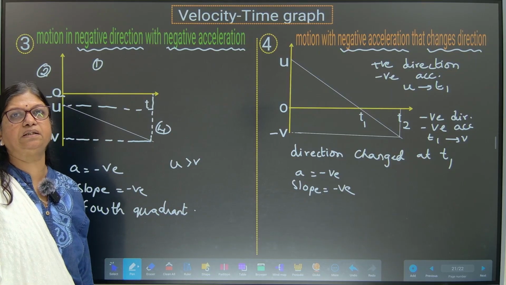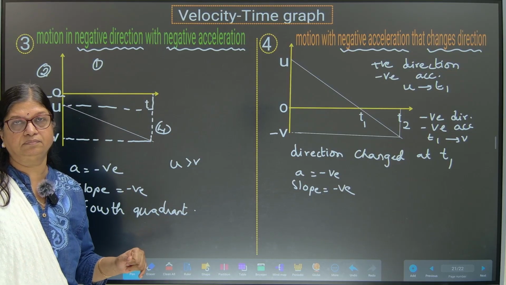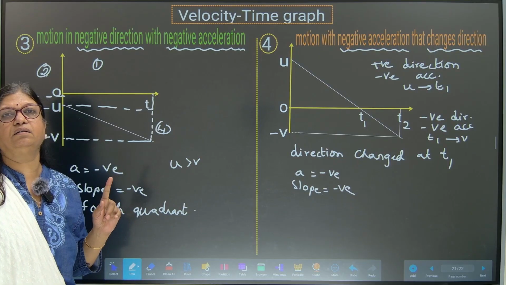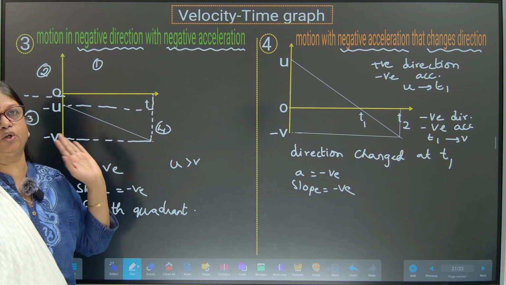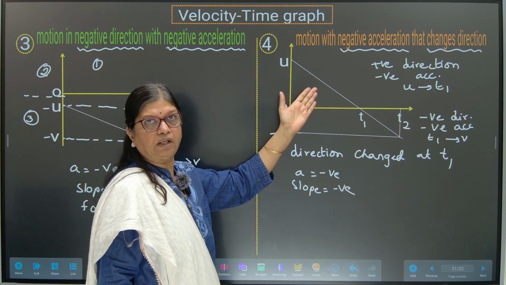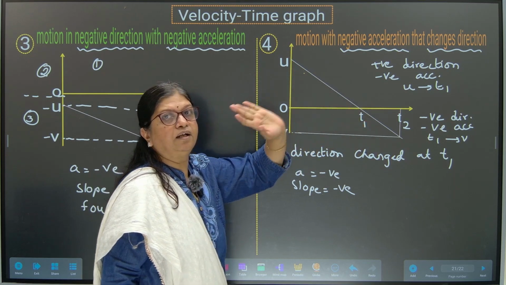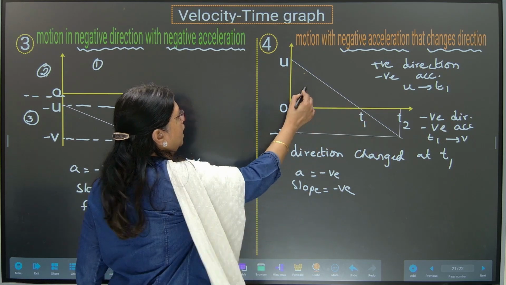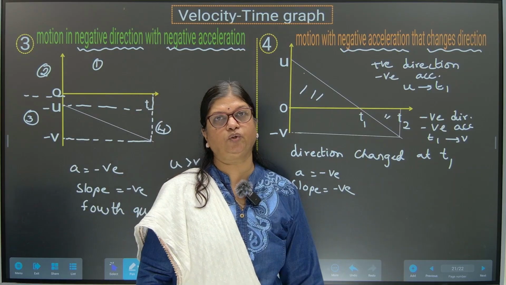It can be considered as a trapezium, so the area of the trapezium will give me the displacement for this particular time. Here also the same thing. Agreed? This much area plus this much area will give me this area, and this area will give me the displacement of the body.